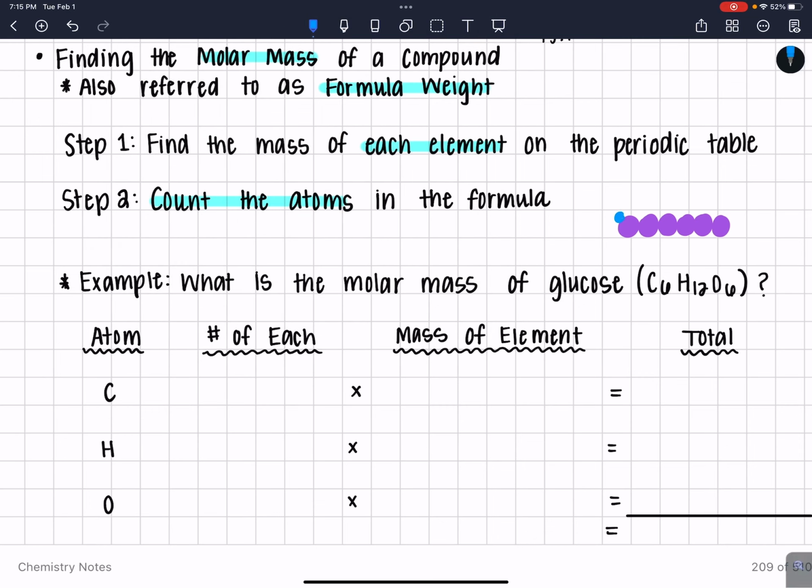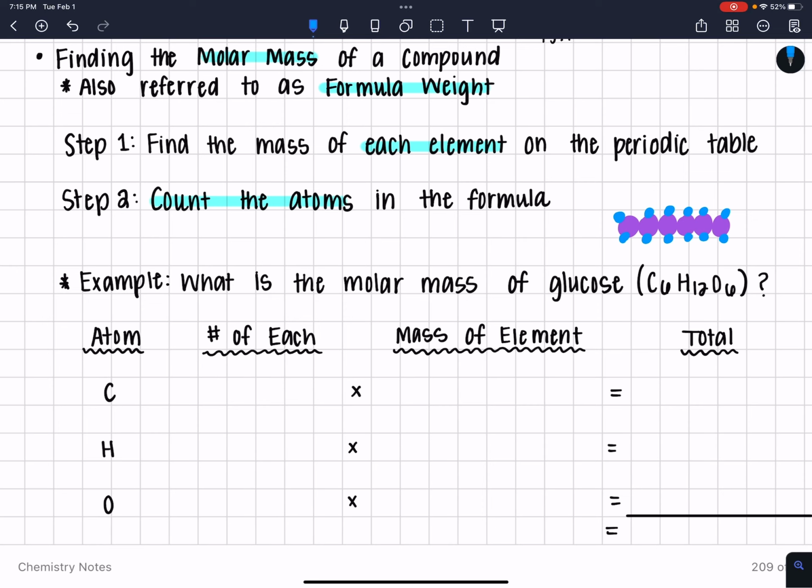So let me draw that. 1, 2, 3, 4, 5, 6, 7, 8, 9, 10, 11, 12.